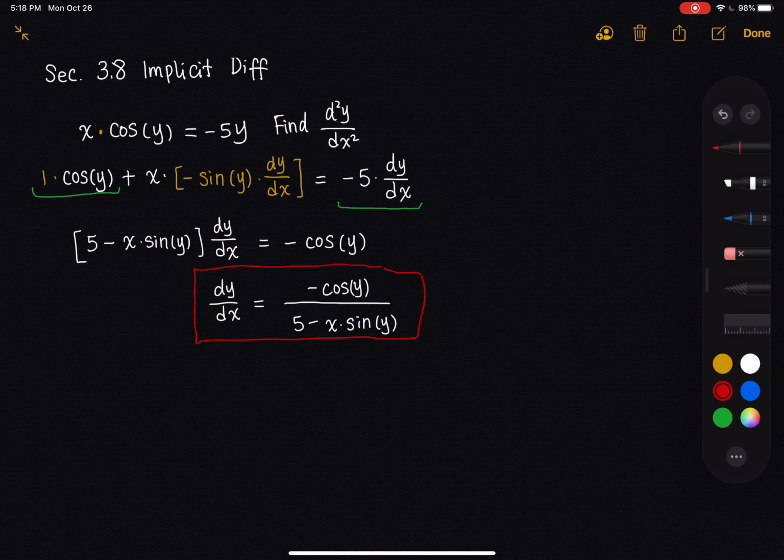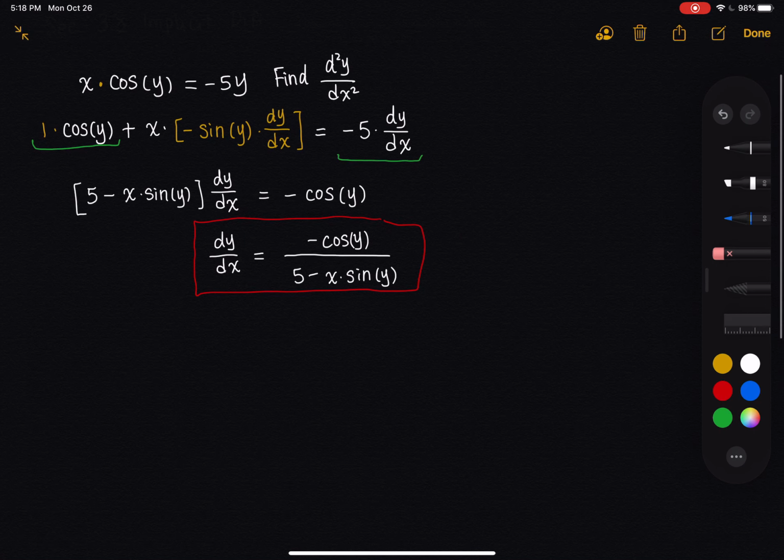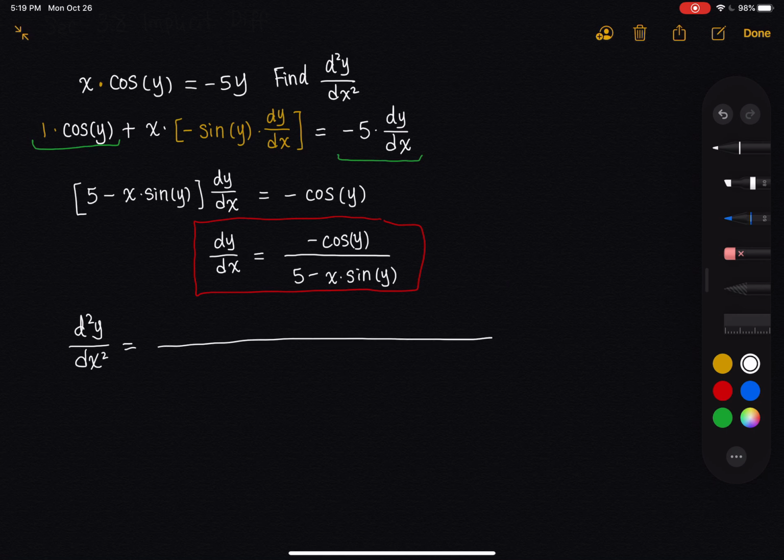So now we continue to take the second derivative. So d squared y over dx squared will equal, according to the quotient rule, the bottom squared, 5 minus x times sine of y squared, times, on the top, the derivative of the top function.